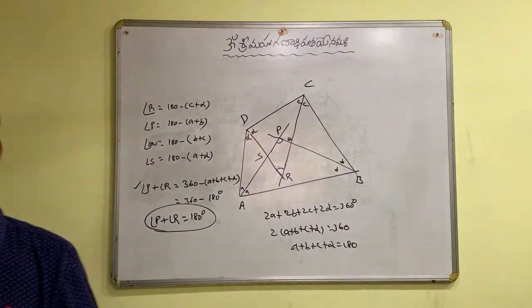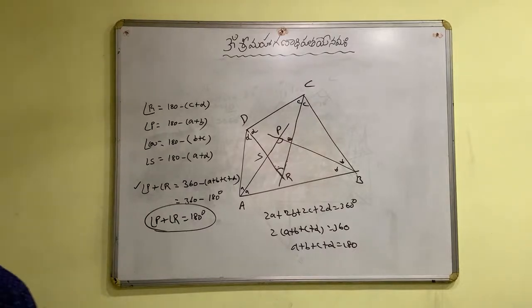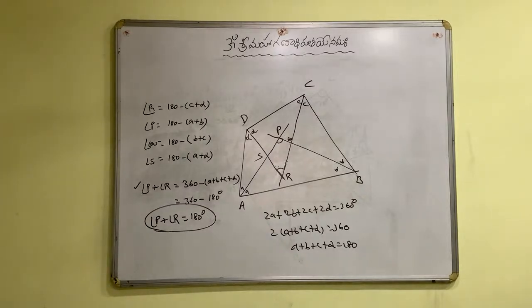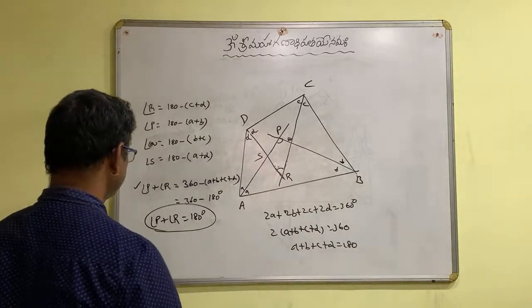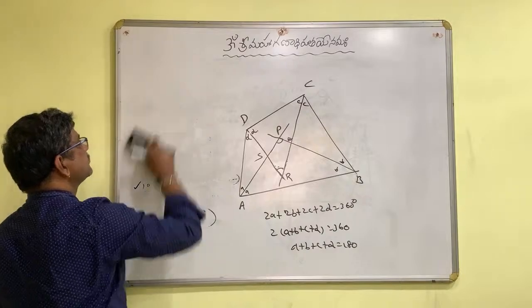So in any quadrilateral, if we take the opposite angles formed by the bisectors of all the four angles, they are supplementary, it is 180 degrees. Option D is right.